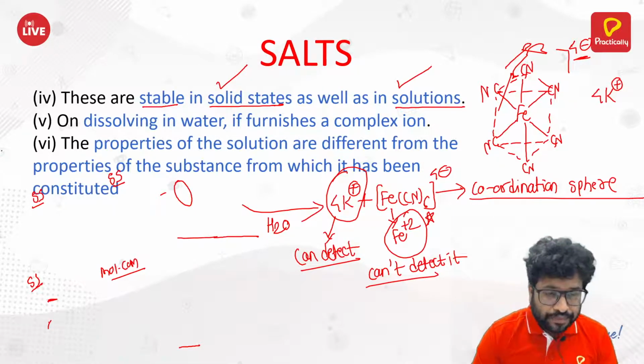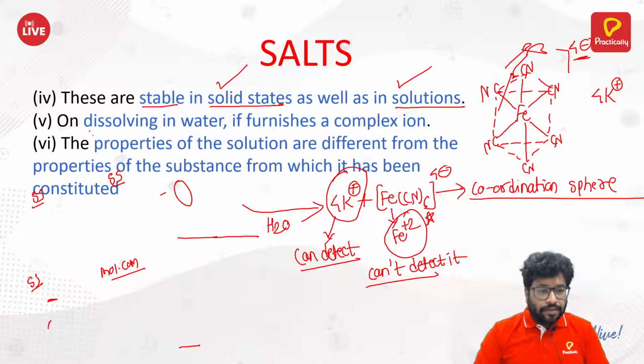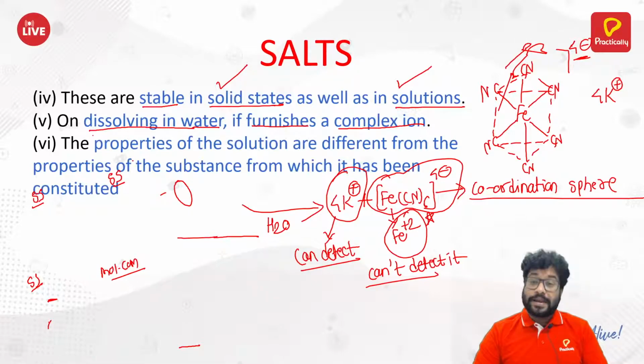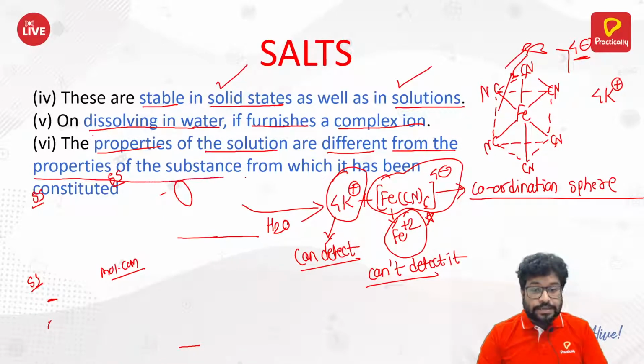So as I told you, on dissolving in water, it furnishes a complex ion. This is the complex ion. This coordination sphere is nothing but the complex ion. The properties of the solution are different from the properties of the substance from which it has been constituted.